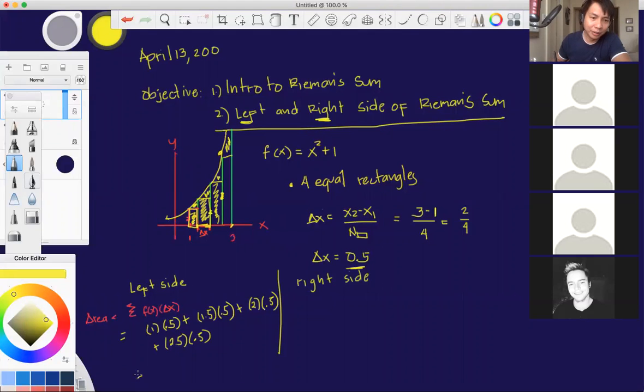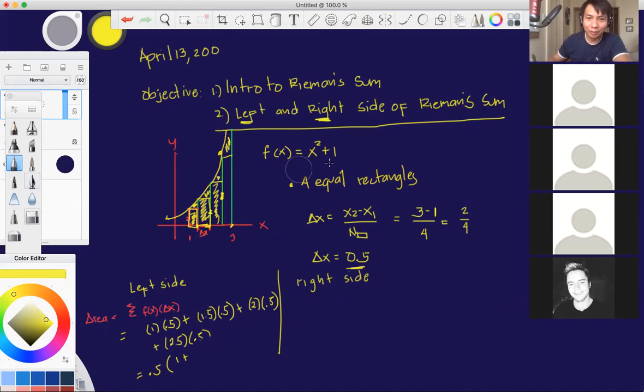So in this case, I'm just going to factor out my delta x. So I'll just have 0.5 multiplied to 1 plus 1.5. Just erase. Can you guys still see?